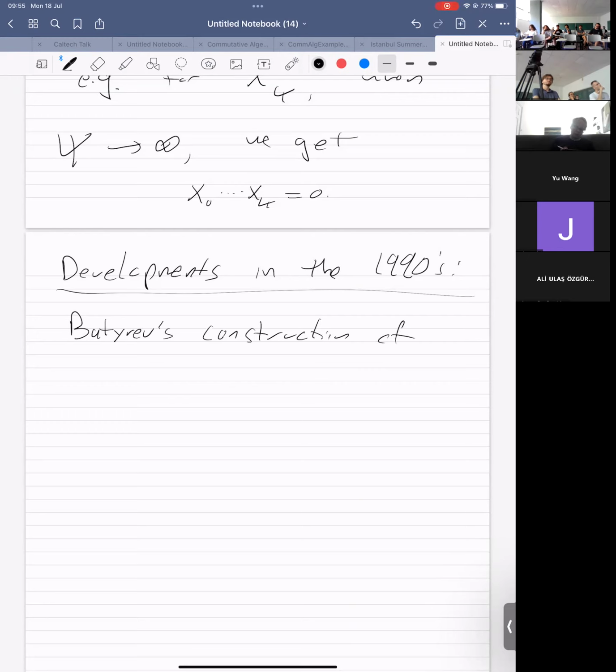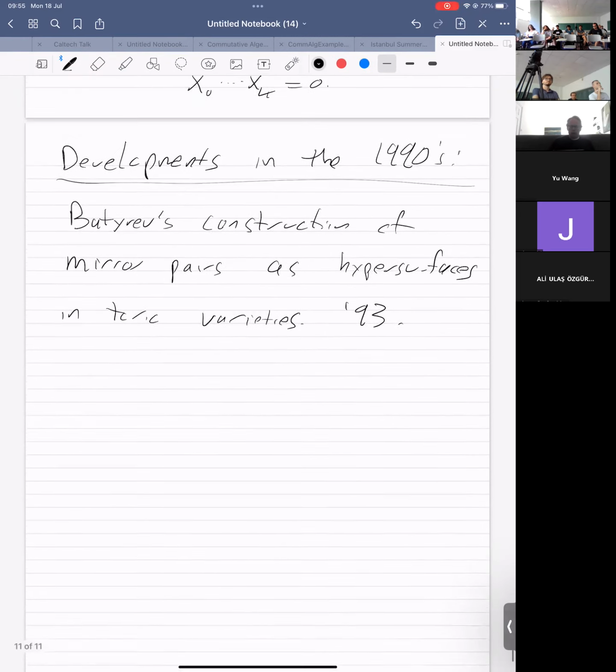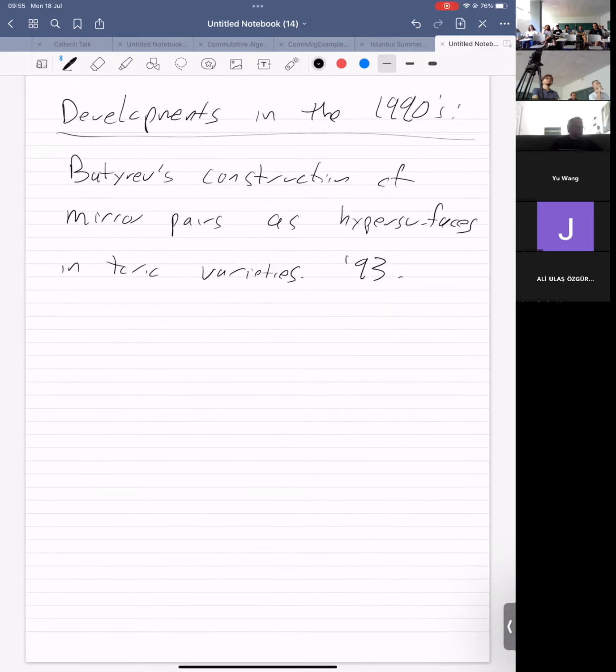But he gave what is still really the gold standard, as hypersurfaces in toric varieties. So this is 93. The paper came out very soon after this came to mathematicians' attention. Okay, as I said, I'm not going to say anything more about that.